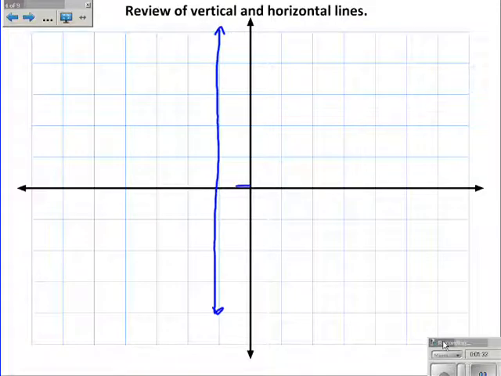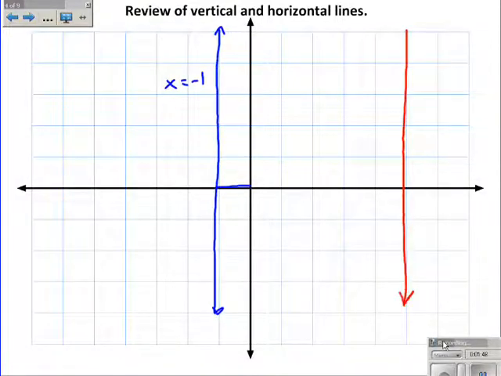So no matter if I go over negative 1, up or down, no matter how far I go up and down, I always have an x value of negative 1. So this equation is x equals negative 1. Or if I'm over here, my x value is always going to be the same, and it's going to be x equals 5. Okay? So in general, horizontal lines are y equals something, and vertical lines are x equals something.